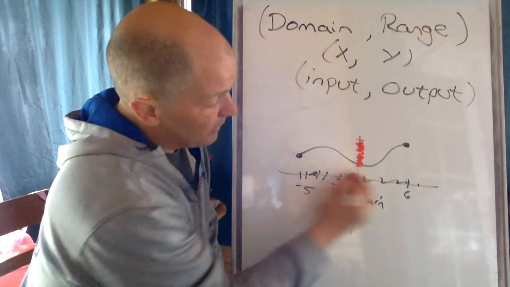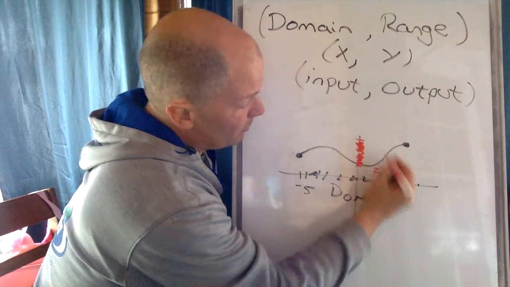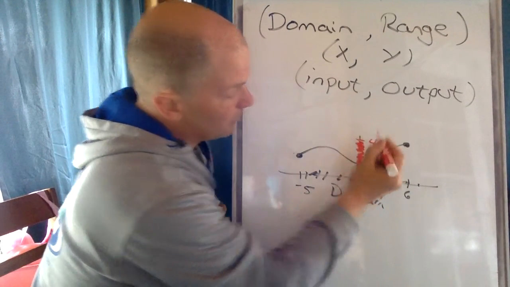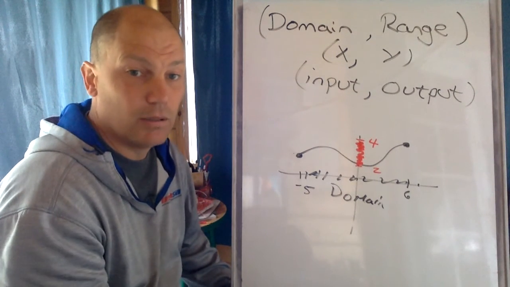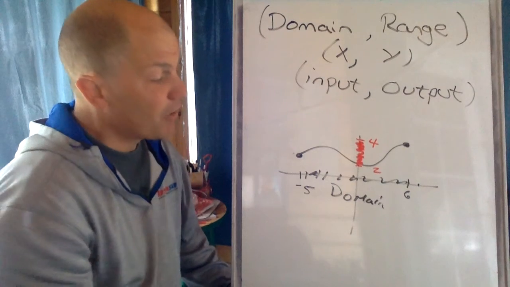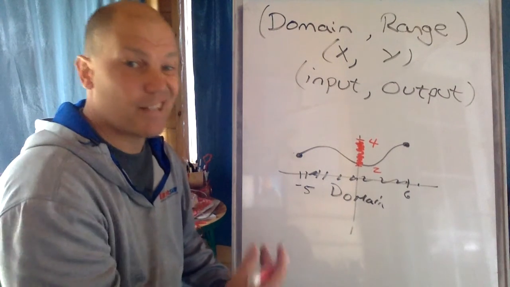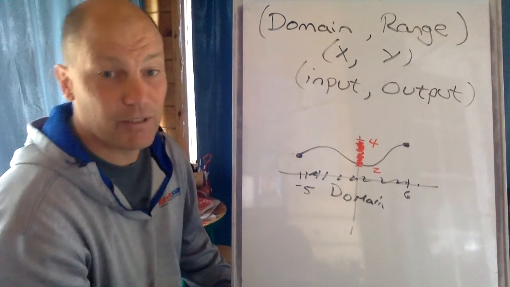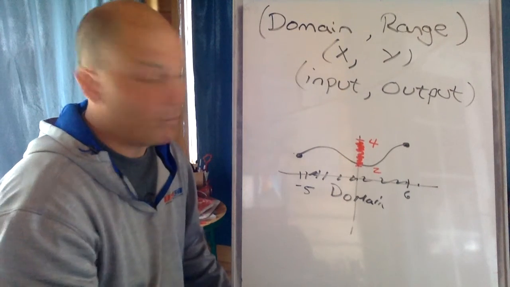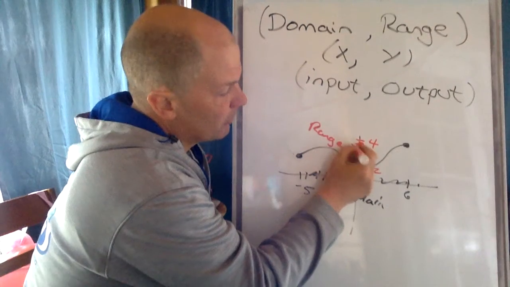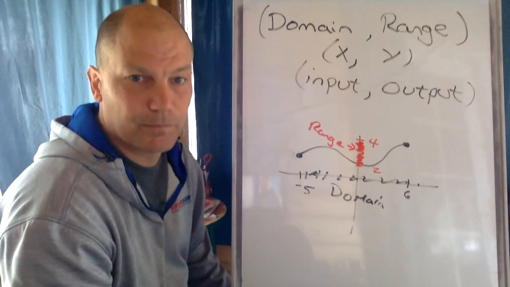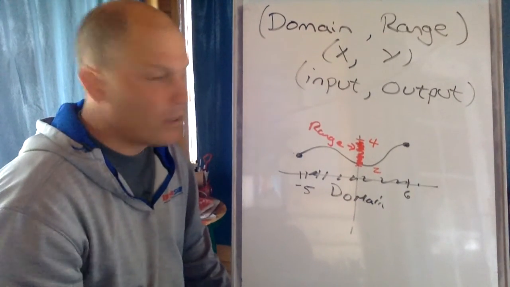So let's say that this is from the number 2 to 4. So my range is just 2 to 4. All the numbers between 2 and 4. No matter what I plug in, I'll never get a 7. No matter what I plug in, I'll never get a negative 3. So my range is right there.